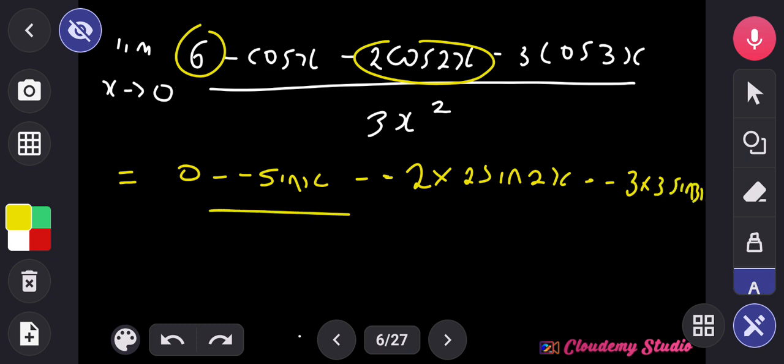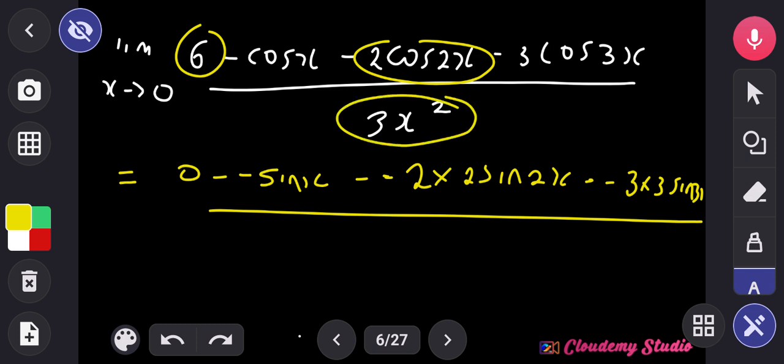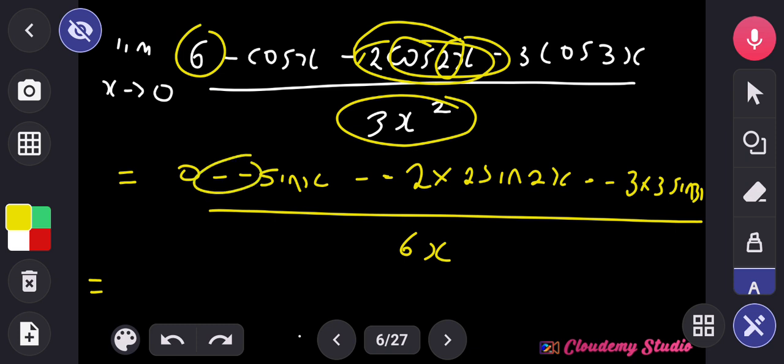Everything divided by, if you differentiate this one, we are going to have 6x. Now, why is it 2 multiplied by 2 sine 2x? Remember that the derivative of cos ax equals minus a sin ax. So this 2 that is here will come and multiply the 2 that is here. You understand? Now, that will give us minus times minus becomes plus, that is sine x.